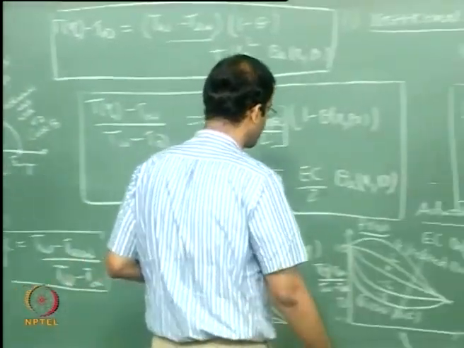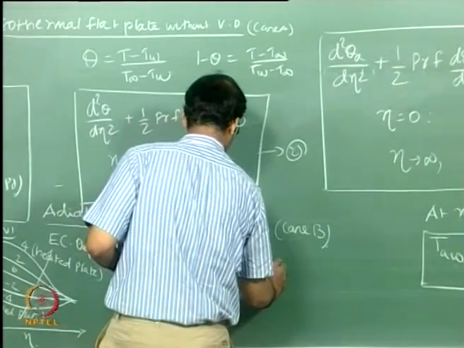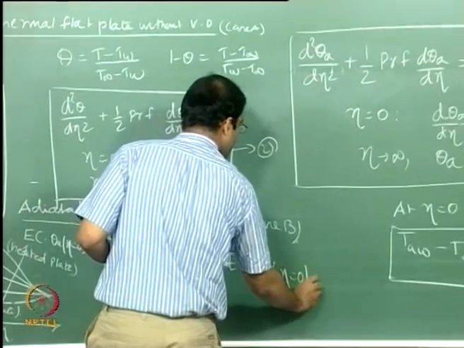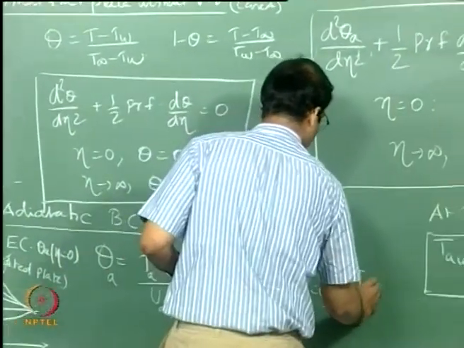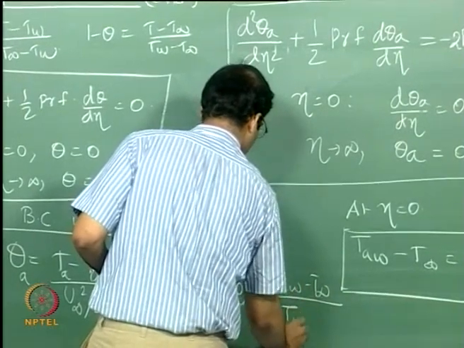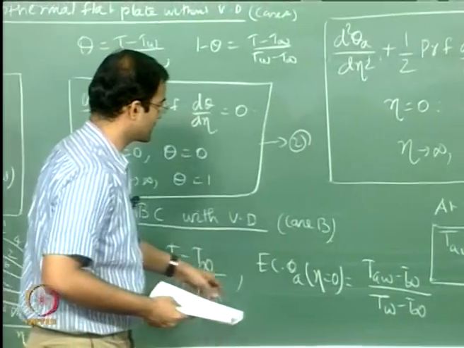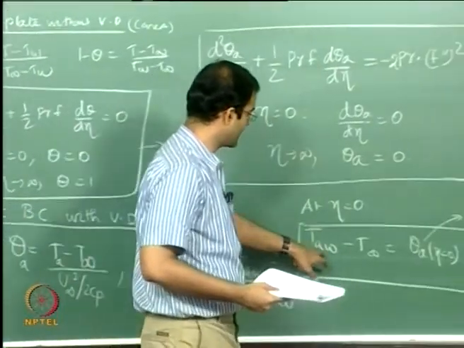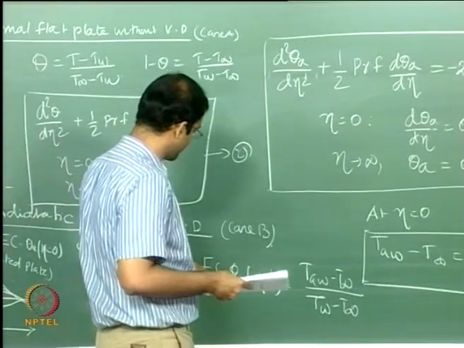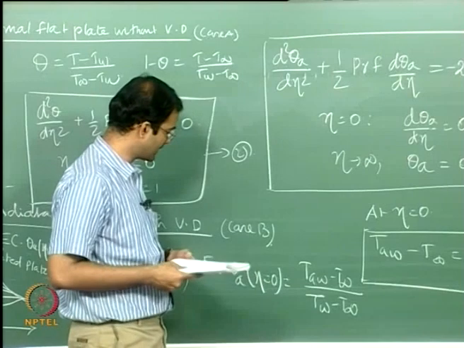So if you are confused about the definition of this, your Eckert number into theta A at eta equal to 0 is nothing but your T adiabatic wall minus T infinity by T wall minus T infinity. Because this is your TA wall minus T infinity, and Eckert number is again U infinity square by Cp into T wall minus T infinity.